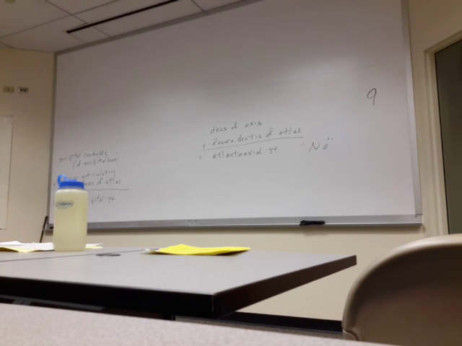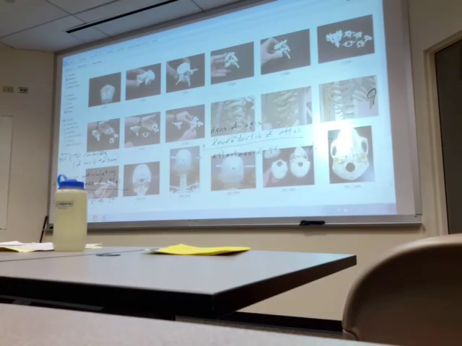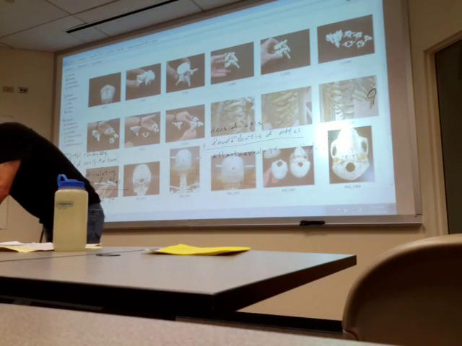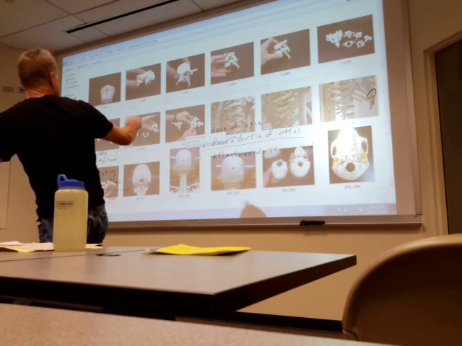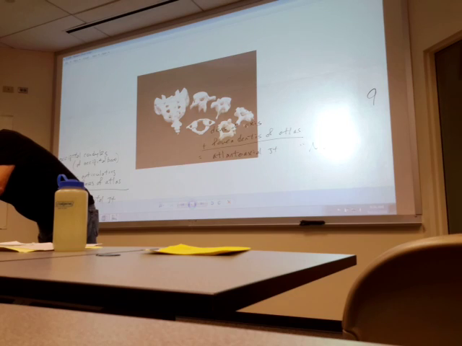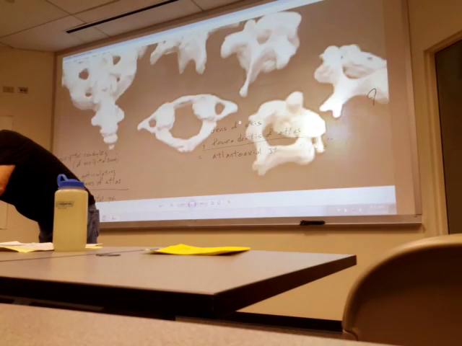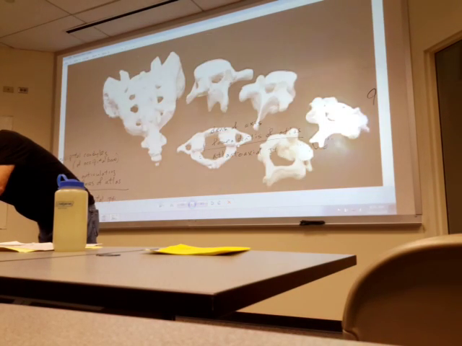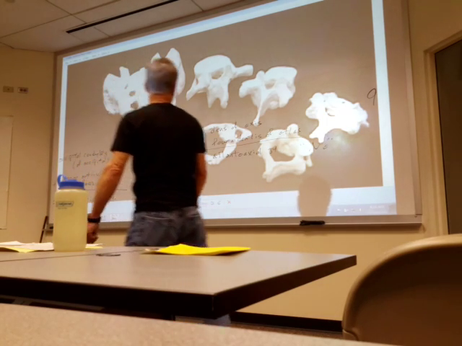All right, let's take a look at these bone parts. Which one did I talk about first? Atlanto-axial. So this just shows typical vertebrae.